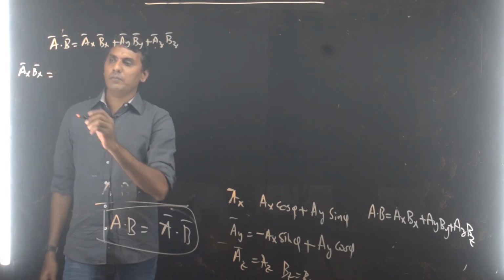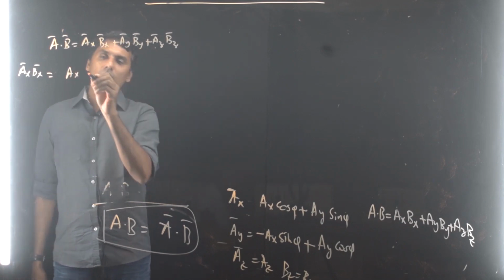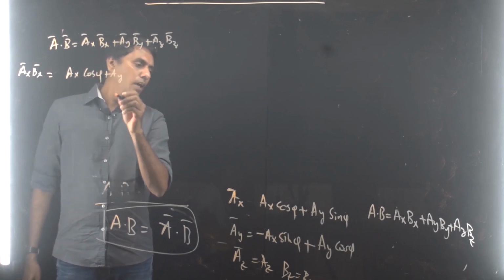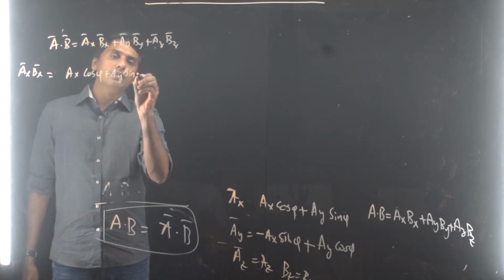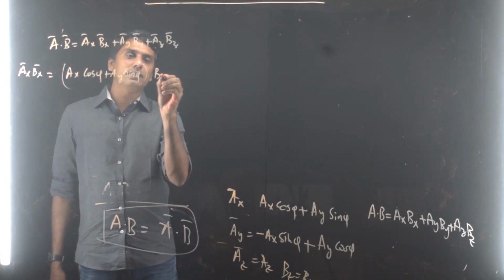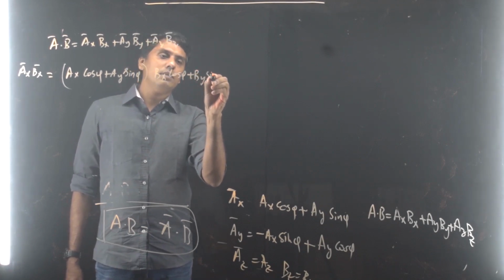So Ax bar Bx bar is equal to Ax cos phi plus Ay sin phi, into Bx bar. Bx bar will be Bx cos phi plus By sin phi.